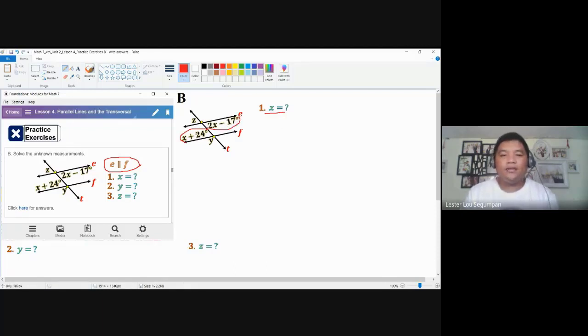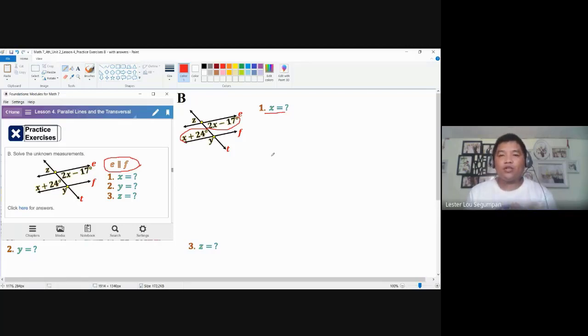Okay. These two angles here, if you are still confused about which pair of angles we are talking about, we have five pairs. We have corresponding angles, alternate interior, alternate exterior, same side interior, and same side exterior. Just simply look at the relationships between them. Number one, they are both found in the interior.